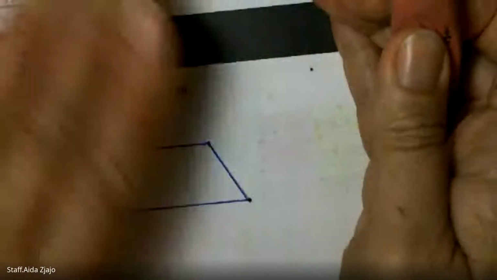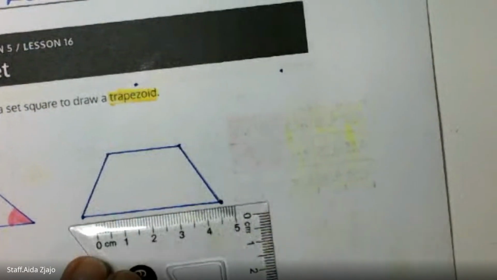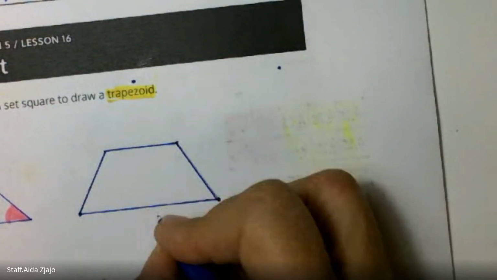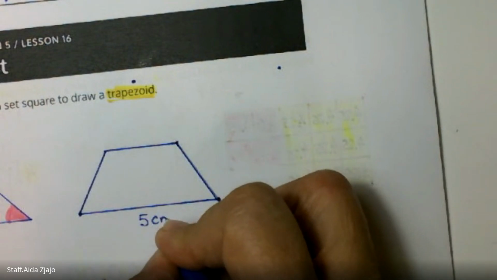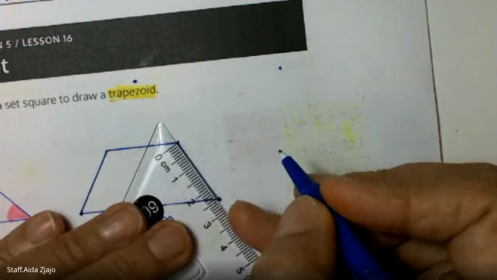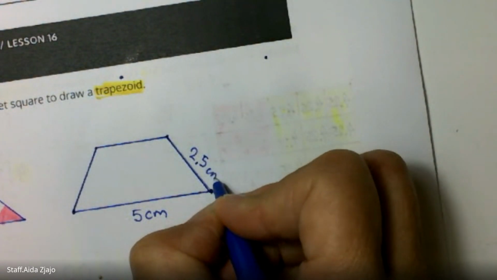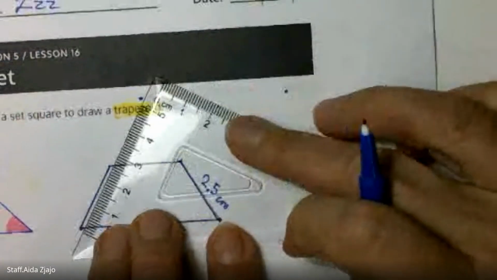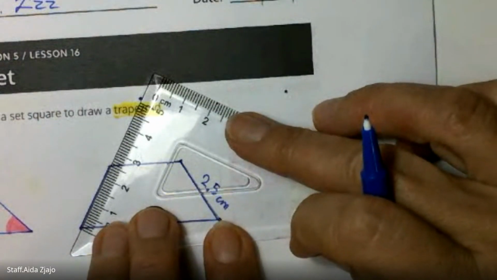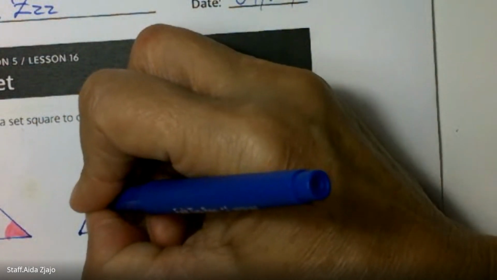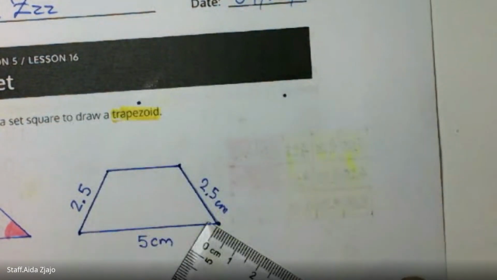If I want to label this, I can easily do it. I can measure: this is 5 centimeters, and I know this side is 2.5 centimeters, and this side is 2.5 centimeters. So these two are congruent sides.